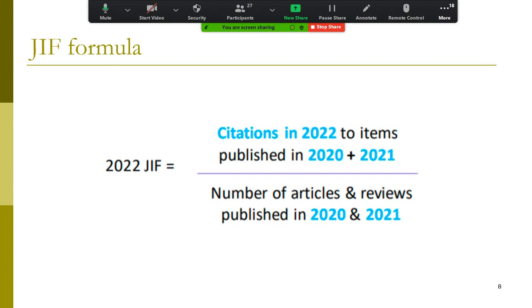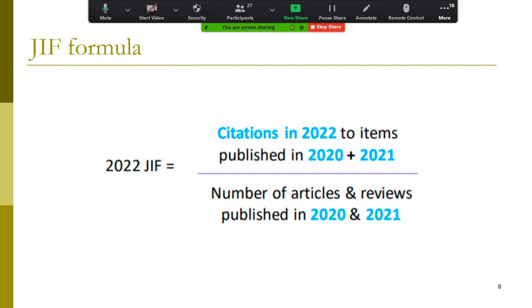At the end of 2022, they put the figures in this formula. The total citations those 100 articles got in 2022 will be divided by the total number of articles, meaning 100.